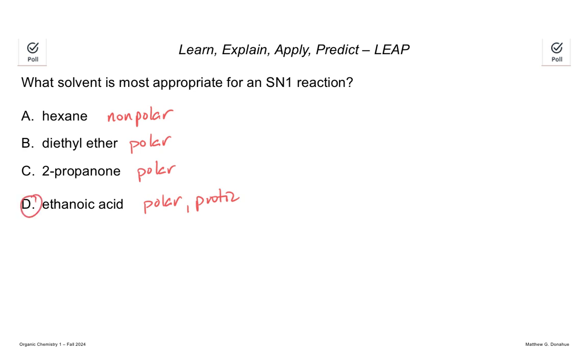Hexane is nonpolar, so that's really not used in substitution reactions at all, SN2 or SN1. Diethyl ether is moderately polar. Propanone is more polar, so this would be appropriate. SN1 or SN2 in diethyl ether is really not used for substitutions either way. It's not polar enough.